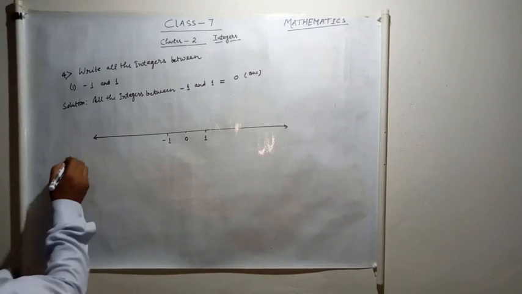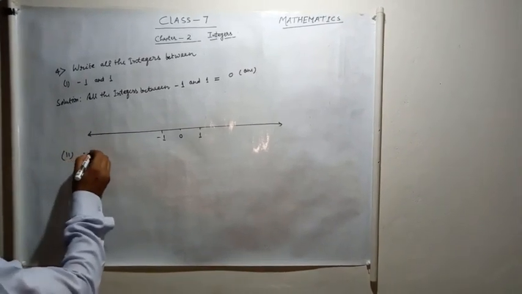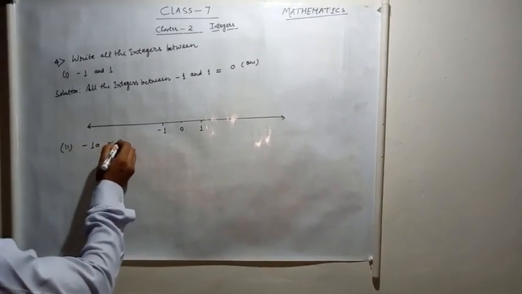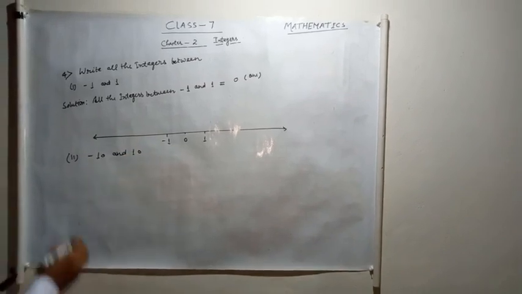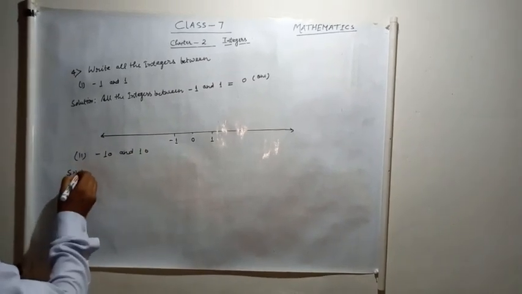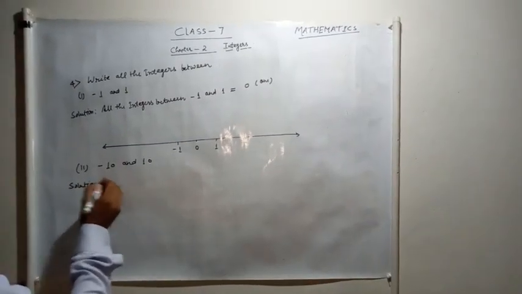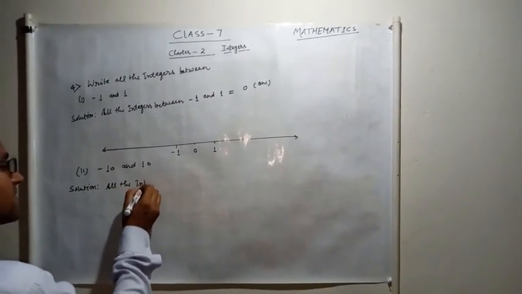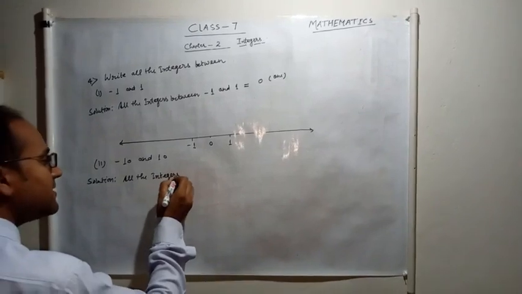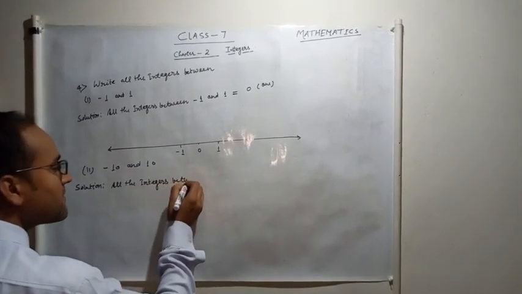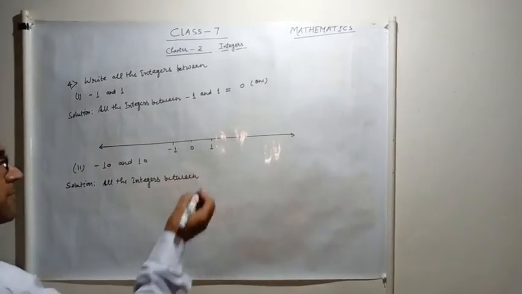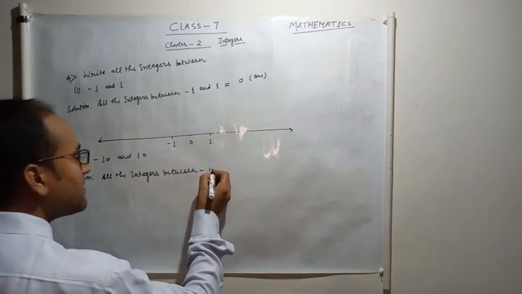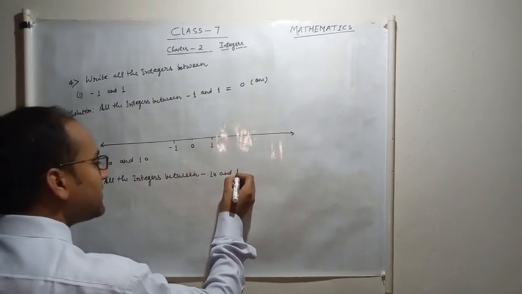The second one is -10 and 10. The solution is all the integers between -10 and 10.